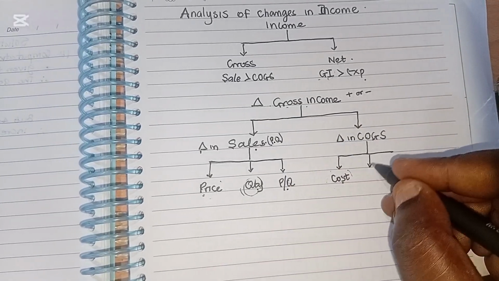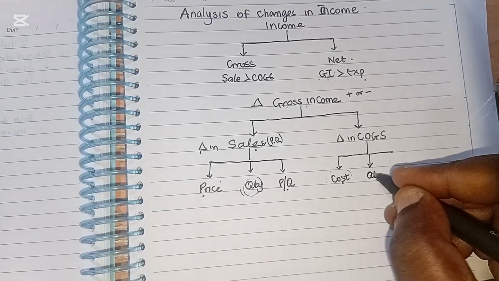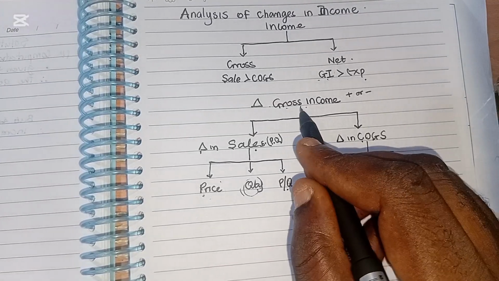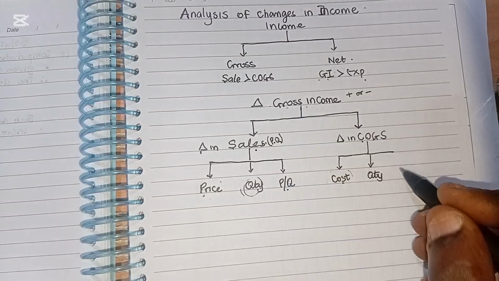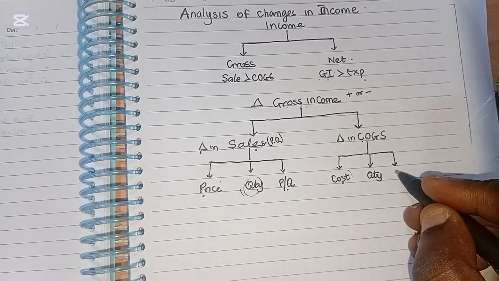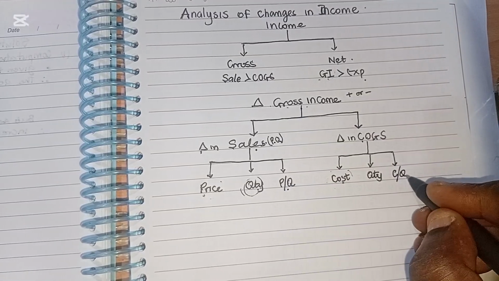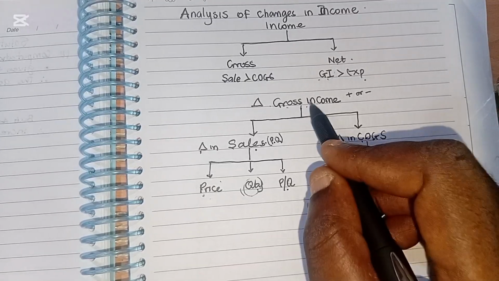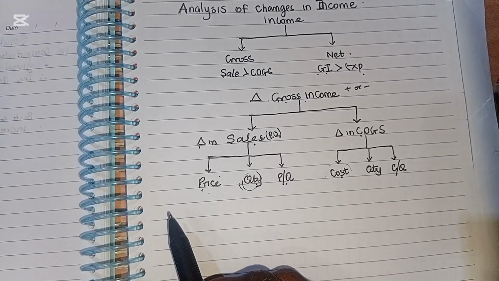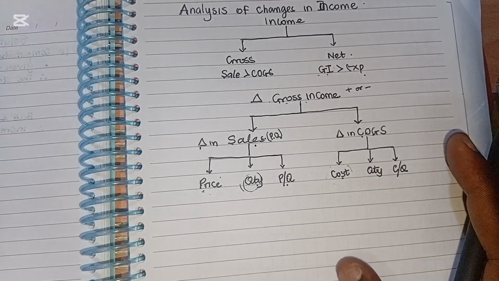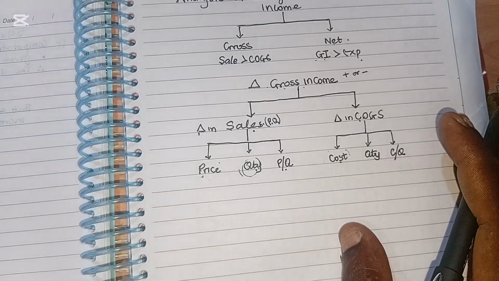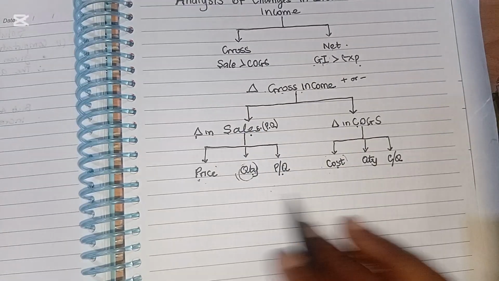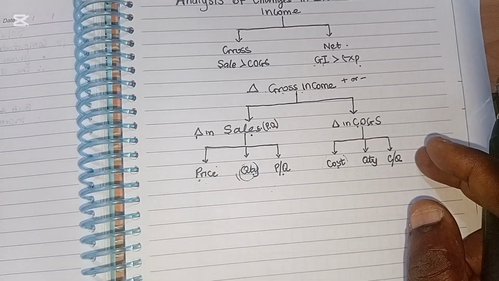If there is a change in quantity, it will affect the cost of goods sold and the gross income. If there is a combination of the two, the cost and the quantity, it will also have an impact. Hope that is clear. You can go through the video again to check.